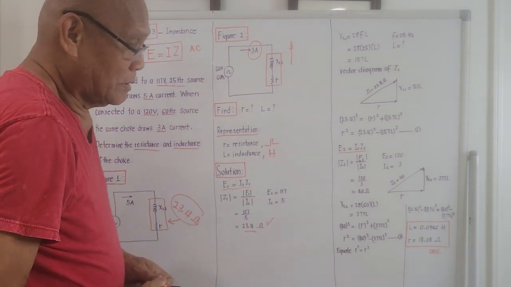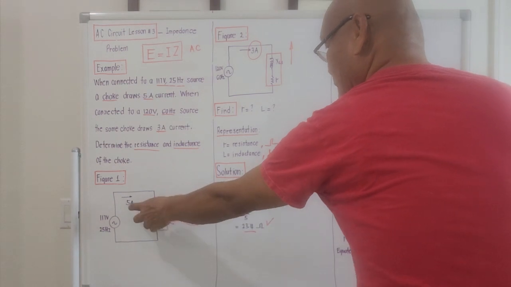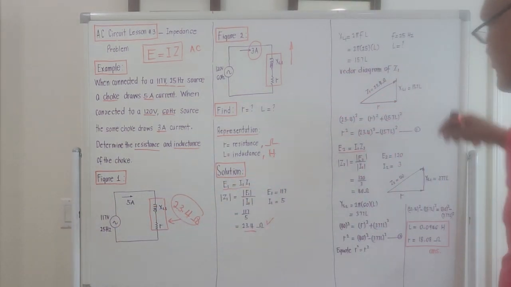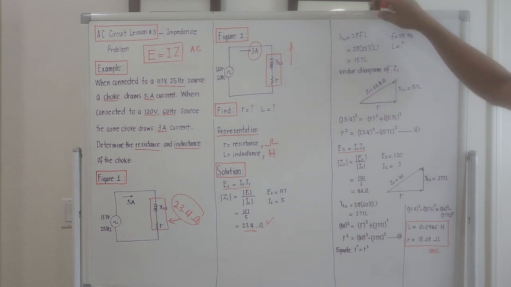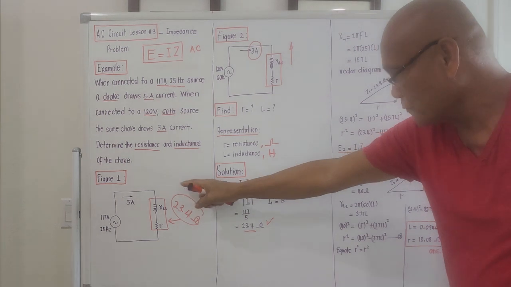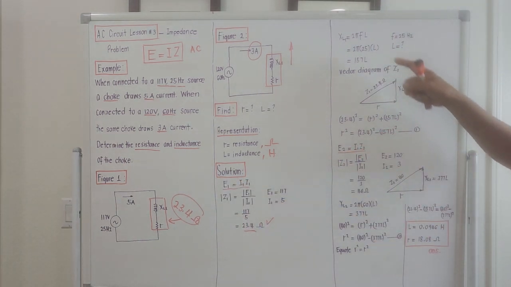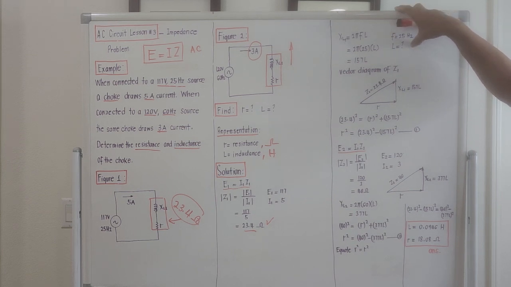Okay? Let's try to compute for the inductive reactance for figure number 1. Inductive reactance is 2 pi FL, right? This is with the subscript 1, so it refers to the inductive reactance of figure number 1. For figure number 1, the frequency is 25 Hz. The inductance is unknown.